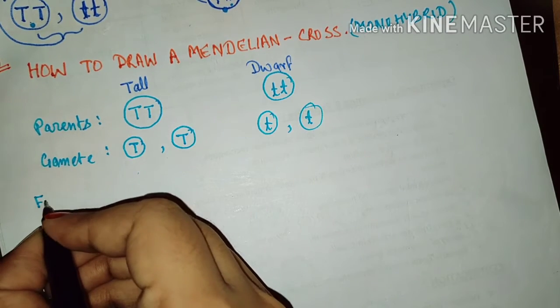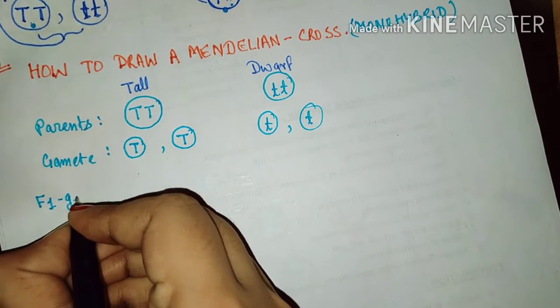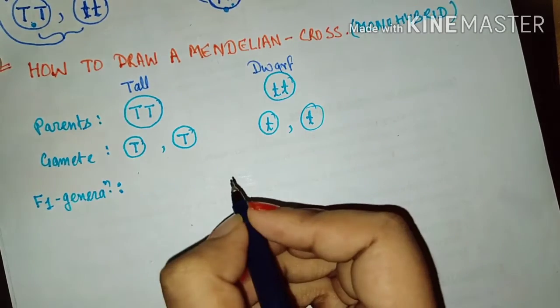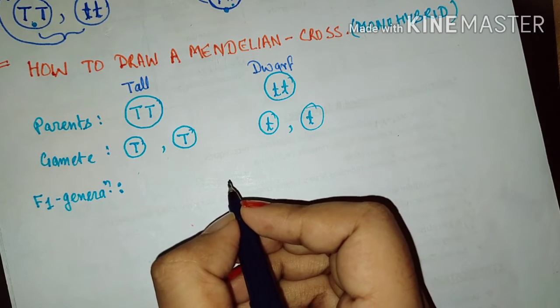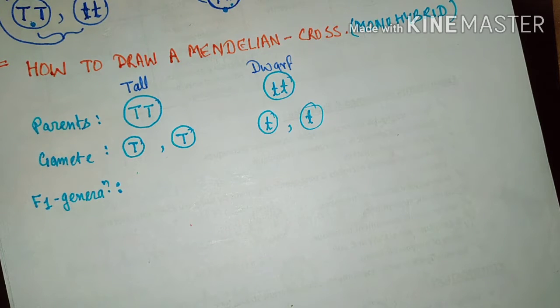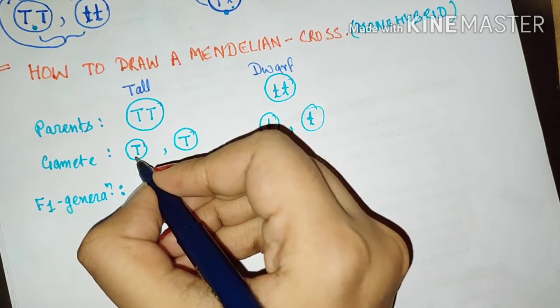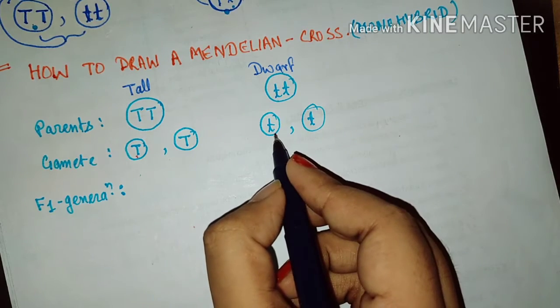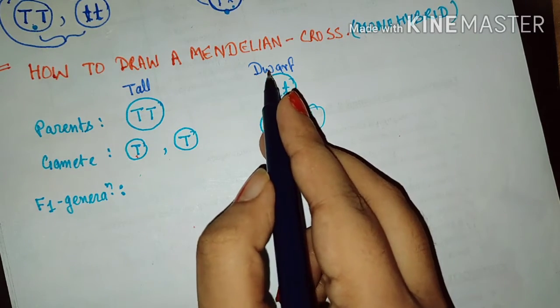Next you have to draw the F1 generation. This is the actual process of crossing. So how will the F1 progeny be formed? In the F1, one gamete from parent 1 will fuse with the first gamete of the second parent.